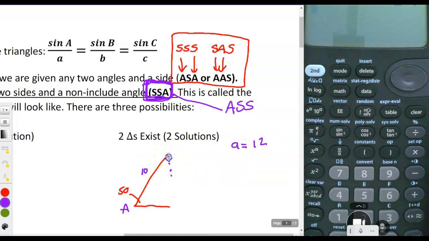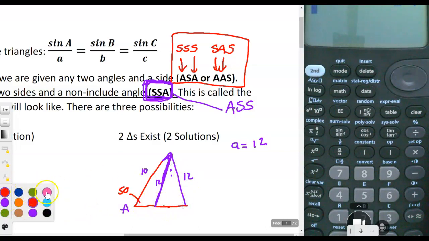Well, this 12 could be drawn 2 ways. You could say, from here to here, that could be 12. But I could also draw a leg of 12 right here. And what you end up with is 2 different possible triangles.